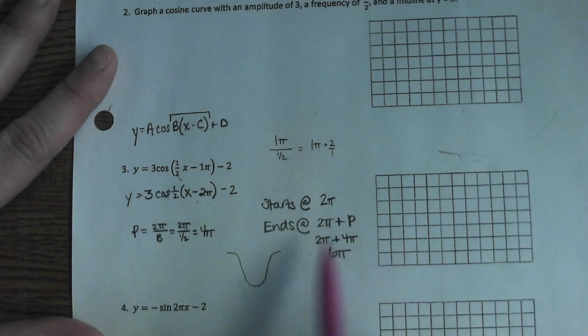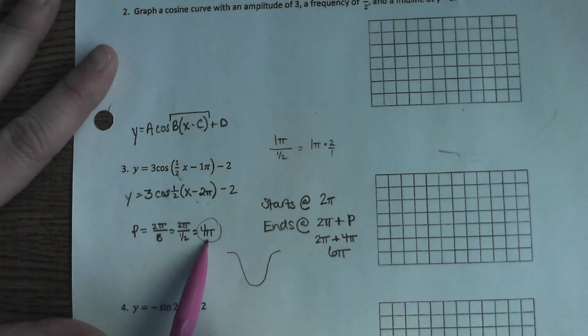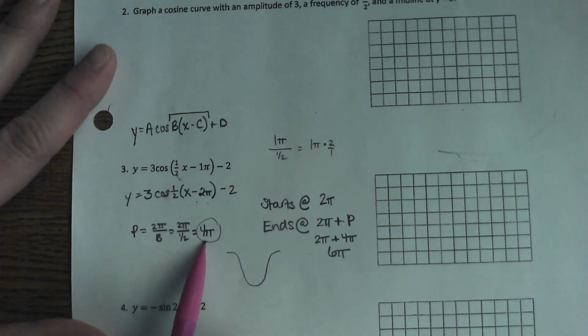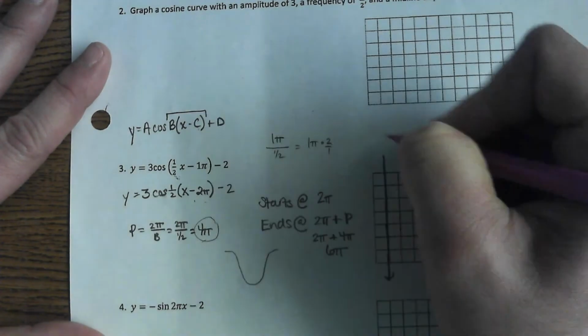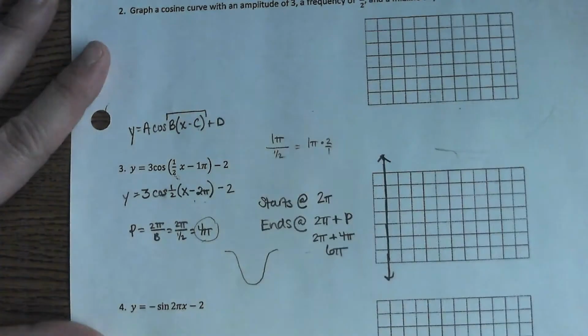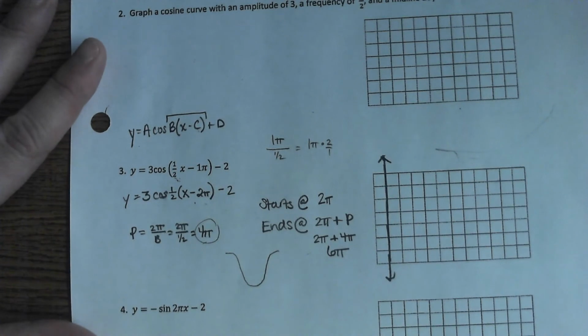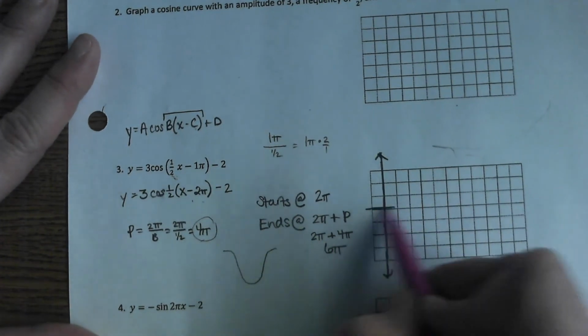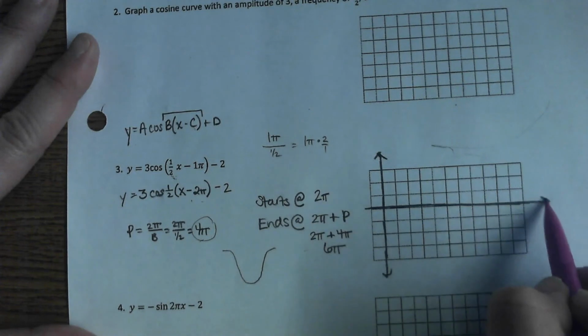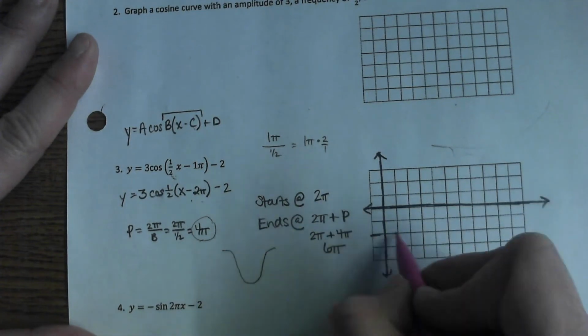The good news is our period is still nicely divisible by 4, yes? We can count by pi. So I'm going to put on my y-axis again. And my midline's actually at -2, so since that's a negative number, I'm going to put my x-axis right up here because my midline's got to be down here.